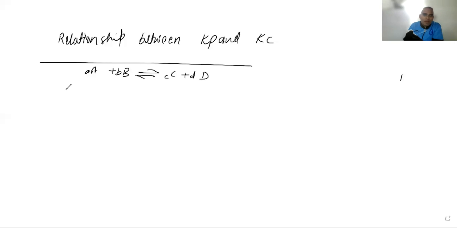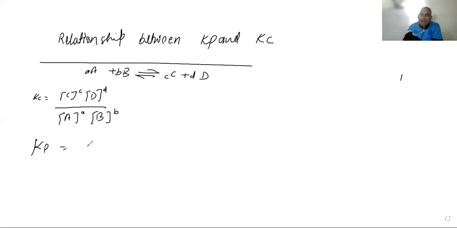So if you are writing the expression for Kc, it is the square bracket of C to the power c, D to the power d, divided by A to the power a and B to the power b. If you are writing Kp, we will write it in the form of partial pressure.